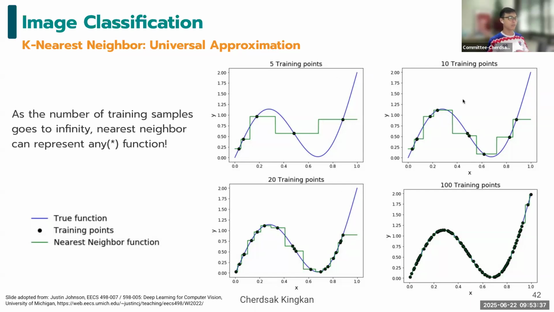If we keep increasing from 5, 10, 20, and 100, the k nearest neighbor can closely or nearly approximate the true value. So the key takeaway here is that the number of training points affects the performance of the k nearest neighbor classifier. As you increase the number of training samples, the k nearest neighbor will work better and better. Okay.